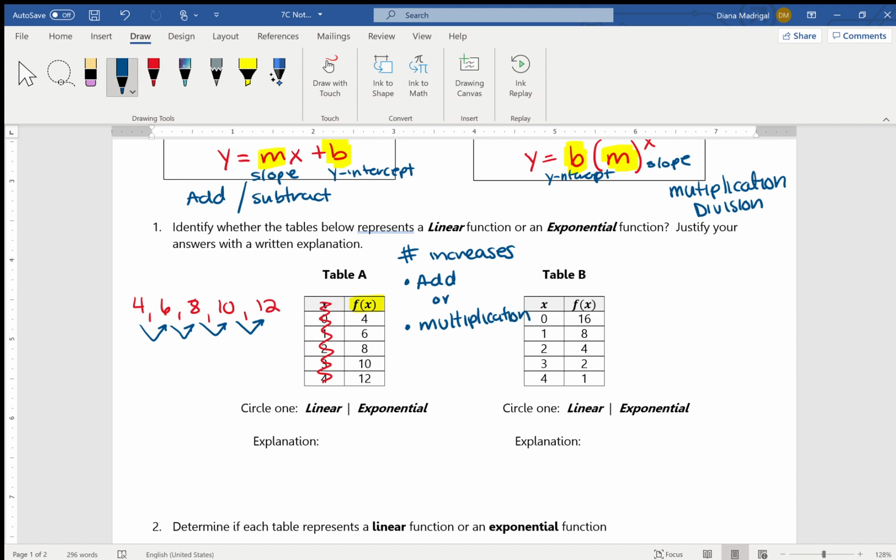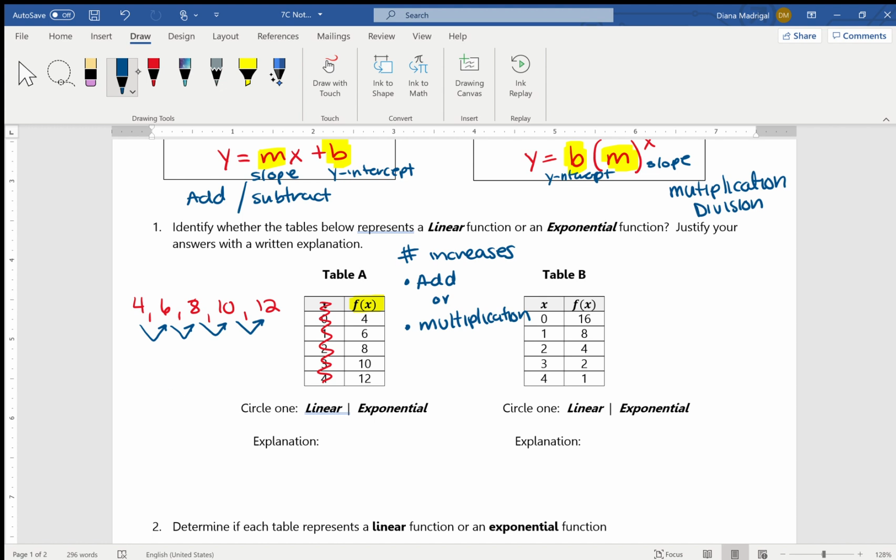Let's see. 4 times what gives me 6? If I do 4 times 1, I get 4. But if I do 4 times 2, I get 8, and I don't have 8 as my next number. I have 6. So it's not going to be multiplication for this one.